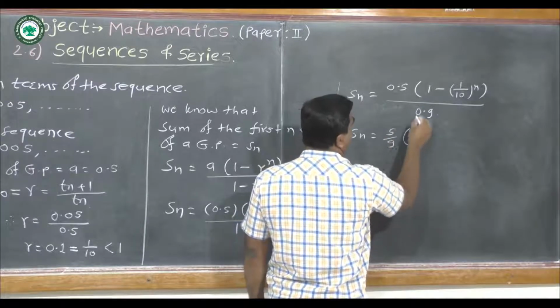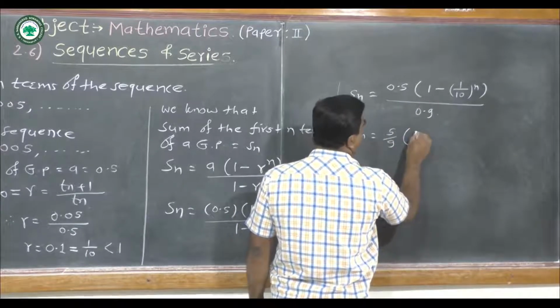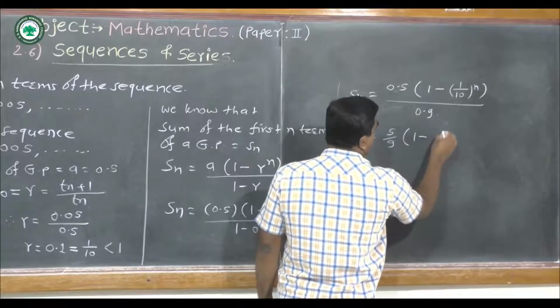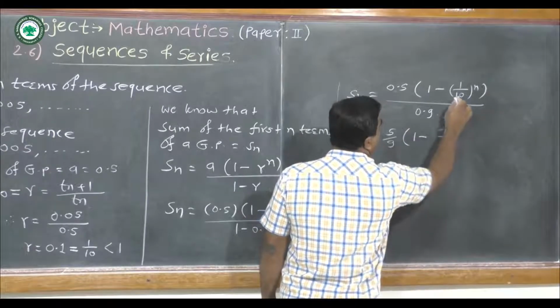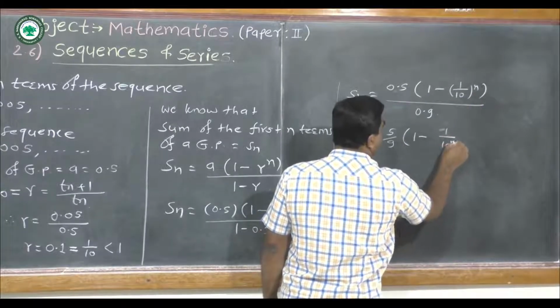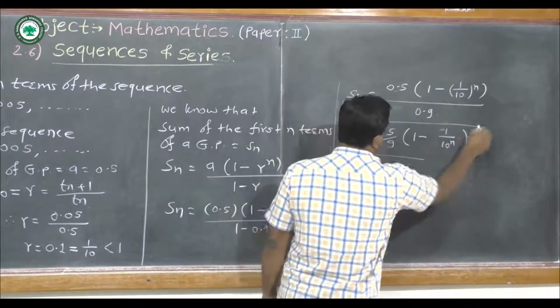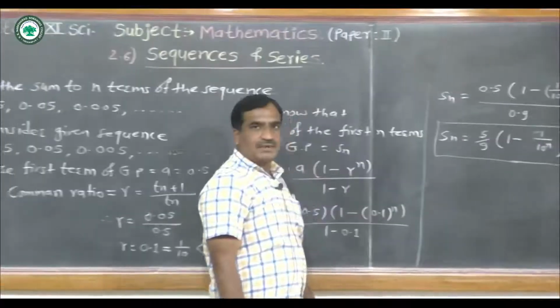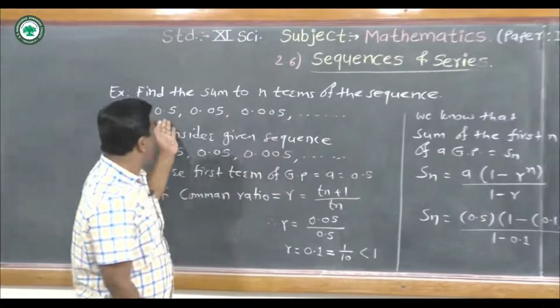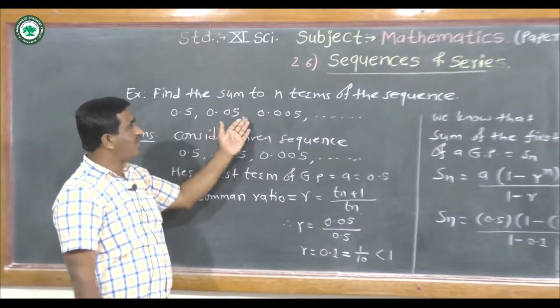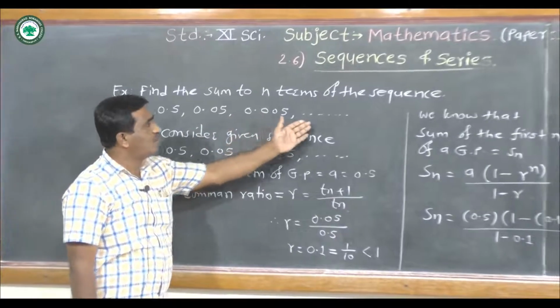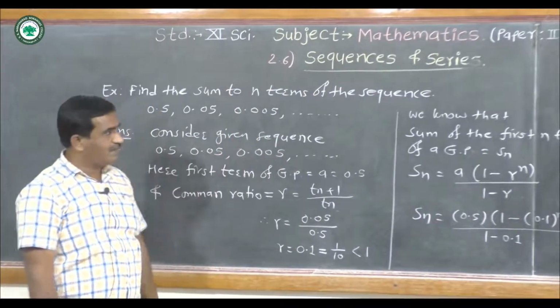Point cancels out, remains only 5 by 9 into, in bracket, 1 minus 1 upon 10 raised to n. This is the sum of the first n terms of the given sequence: 0.5, 0.05 and 0.005 and so on. Okay.